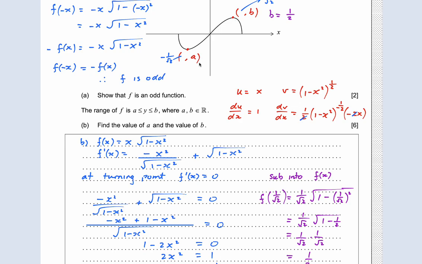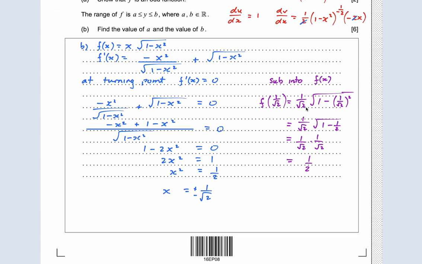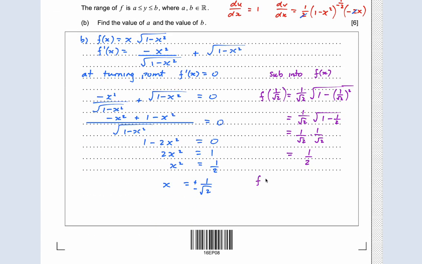So a, we know, is actually going to equal negative a half. But if you want to sub in negative 1 over root 2, well, you'll get the exact same thing, except this is negative here. This will be the same, so you're just going to be left with negative a half. And I don't need to show that working because I've already shown it's an odd function.